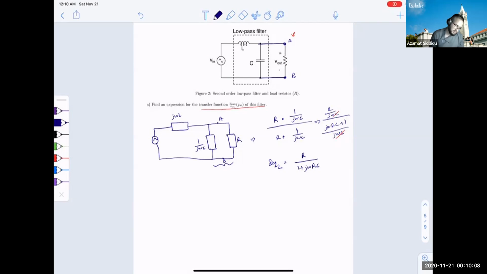Now we can simplify this to j omega L. What we have right here is the equivalent load.